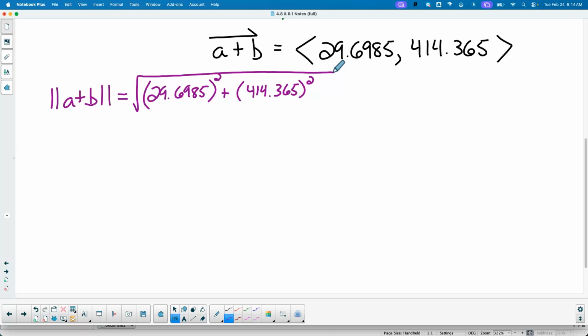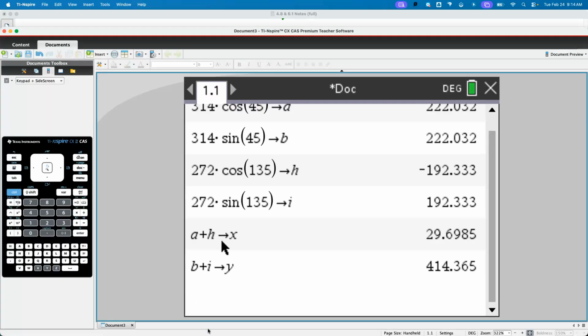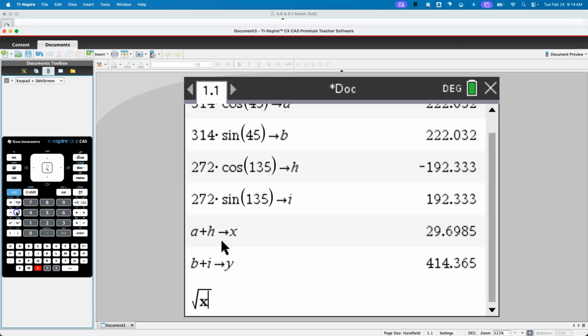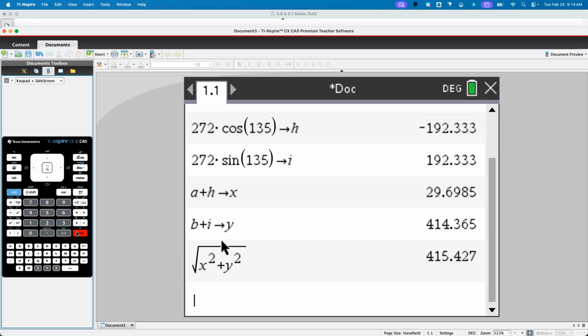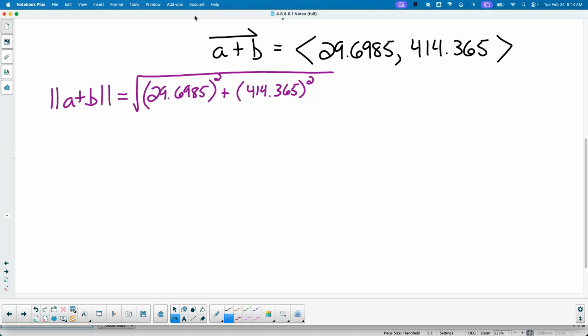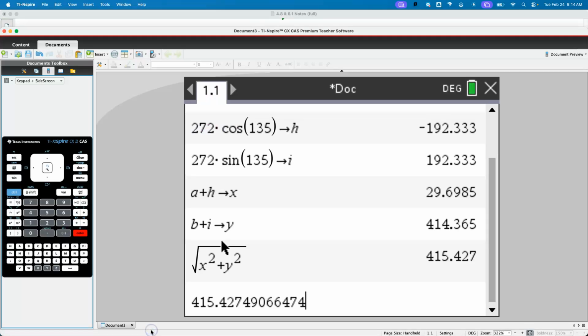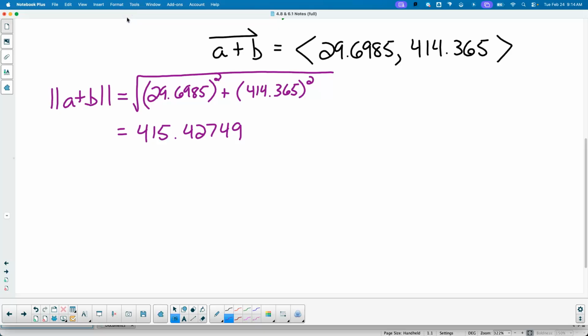On my calculator, it's even easier because I just do the square root of x squared plus y squared. And so the magnitude is going to be 415.42749.